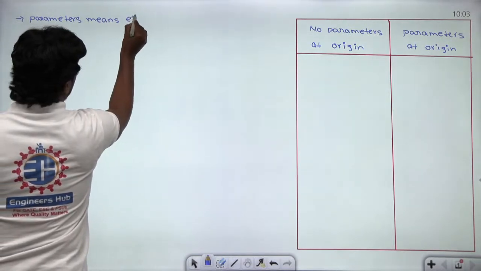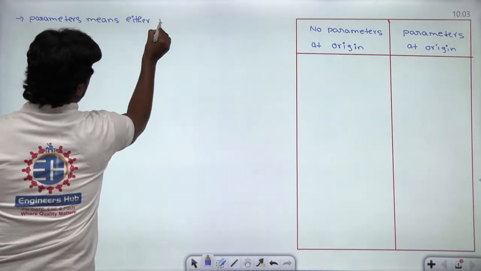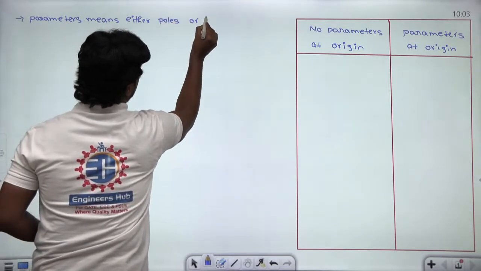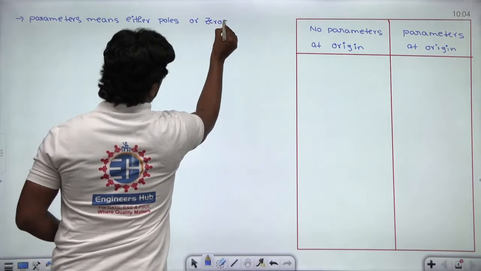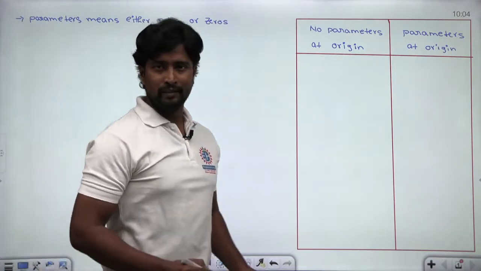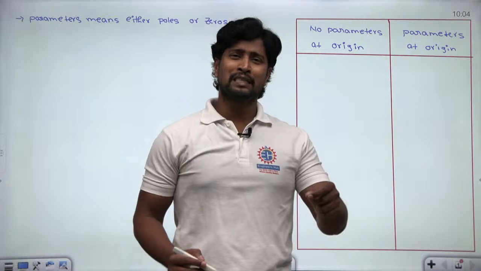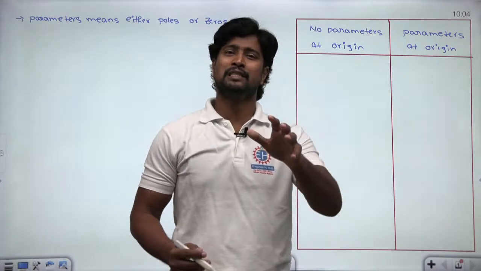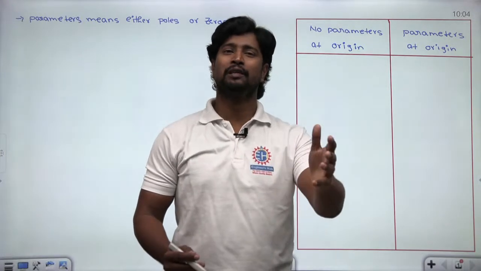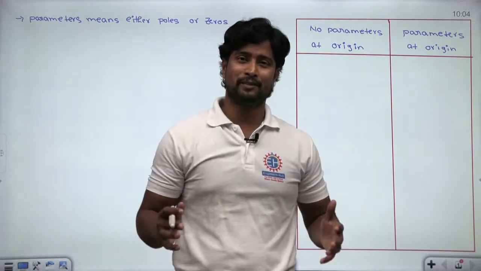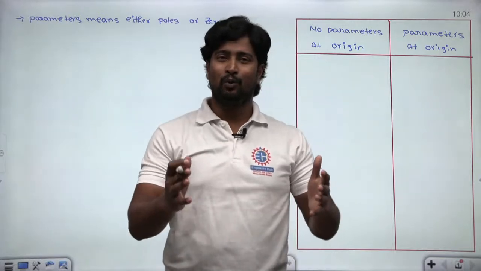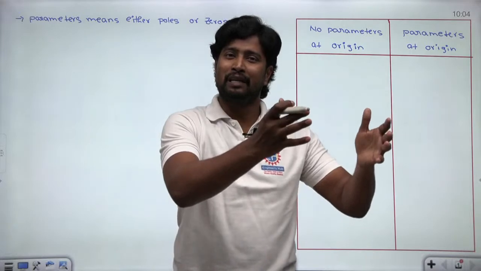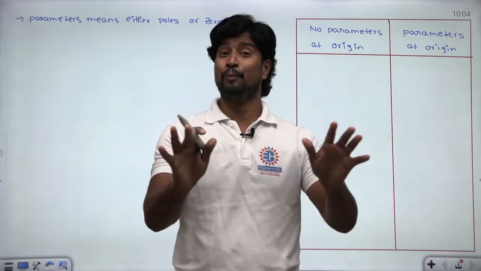That means, if any pole is lying at origin, what happens? If no pole is lying at origin, what happens? If any zero is lying at origin, what happens? If no zero is lying at origin, what happens? That is my intention. So the complete analysis I would like to classify into 2 categories: one is if any parameter is lying at origin, otherwise no parameter is lying at origin.